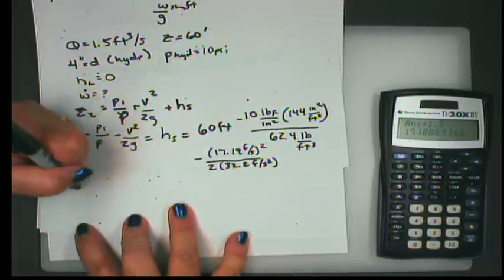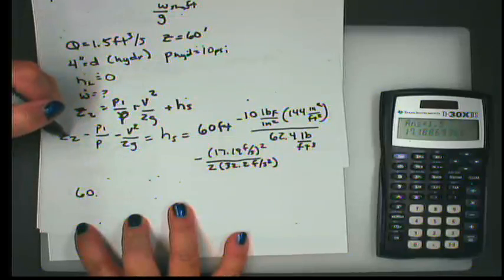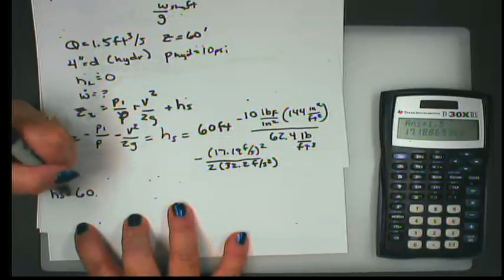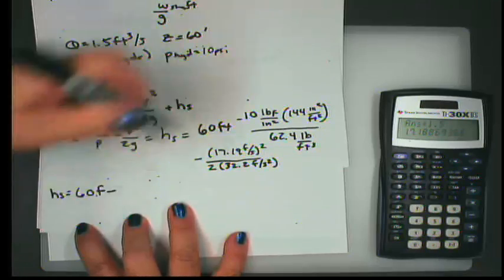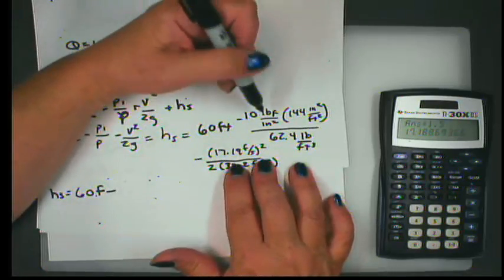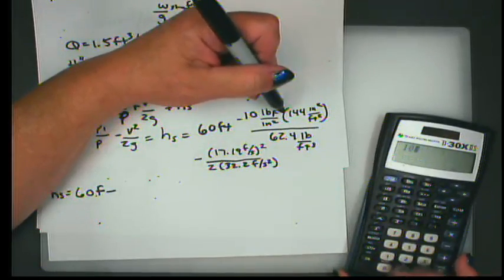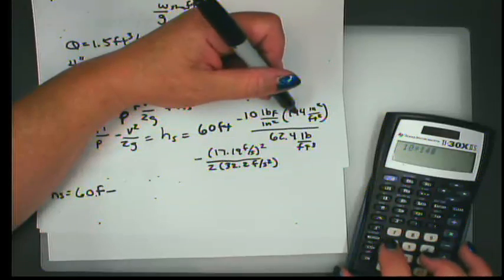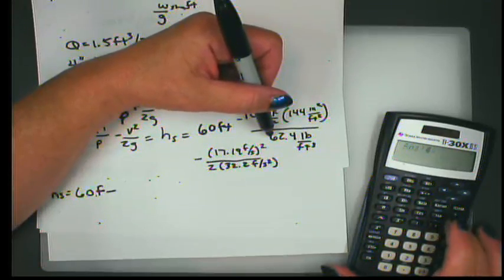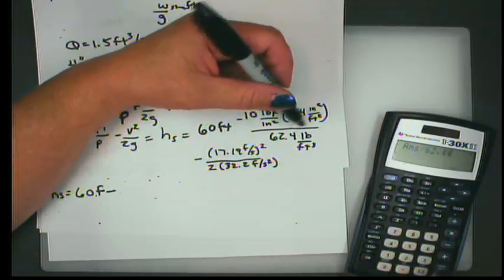So I have 60 feet, this is going to be h sub s, 60 feet minus, let's run these numbers, 10 times 144 divided by 62.4.